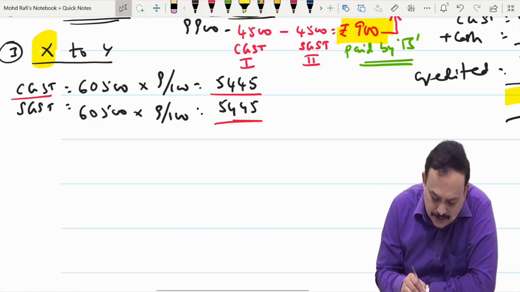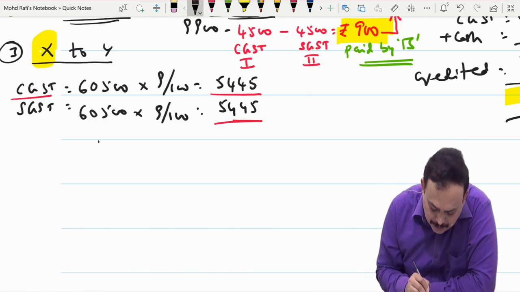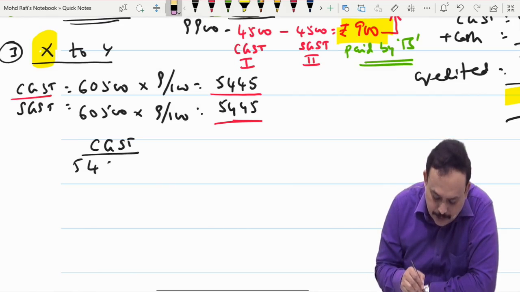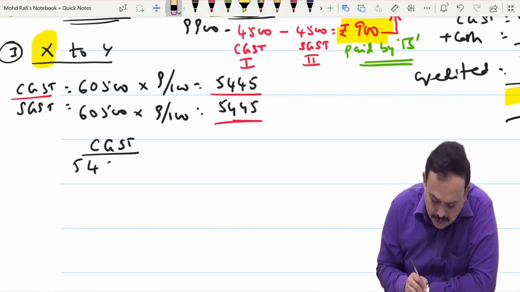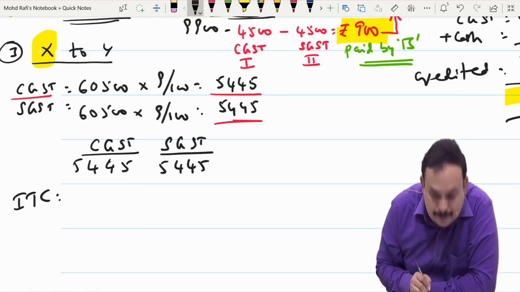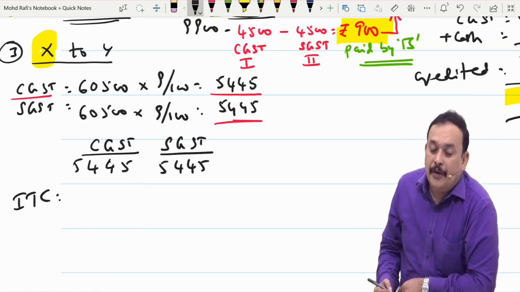Therefore, when I am going to pay these two, I will deduct in the following manner. My CGST 5,445. SGST I am liable to pay 5,445. I will take ITC here of IGST.